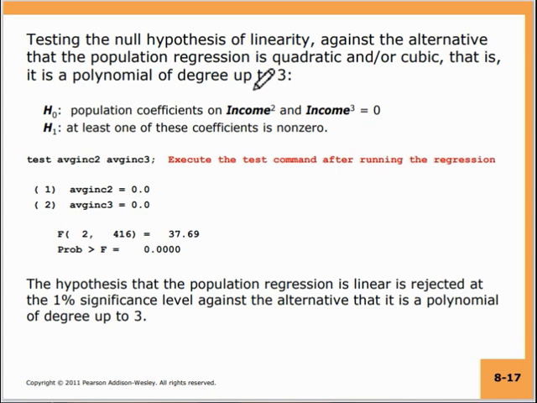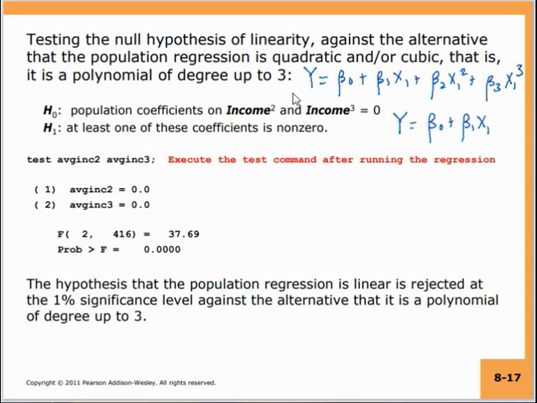So basically, if you have a nonlinear regression function, that is y is equal to beta 0 plus beta 1 x1 plus beta 2 x1 square plus beta 3 x1 cube, this is your unrestricted regression, and your other regression is y equals beta 0 plus beta 1 x1. In the restricted one, you are assuming that beta 2 and beta 3 are both equal to 0. Okay, so this is a joint hypothesis you are testing.